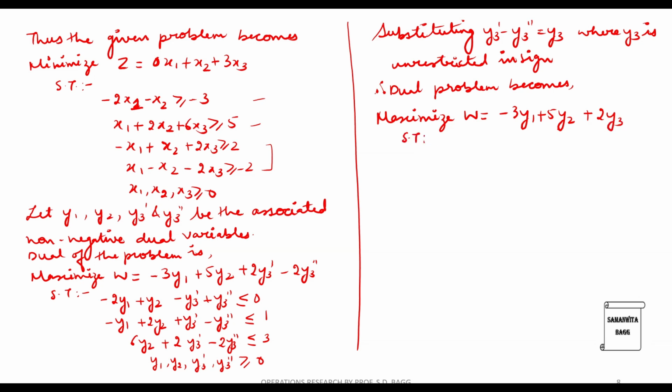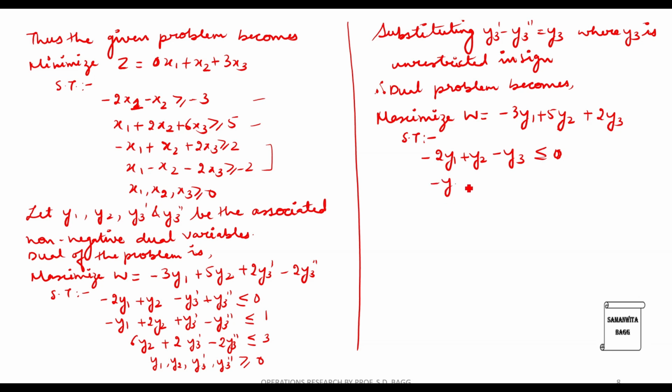Subject to, we'll start from here, -2y1 + y2 - y3. I'm taking the sign of this over here. The reason is it is y3' - y3'', so I've taken y3' - y3'' and negative sign outside, ≤ 0.